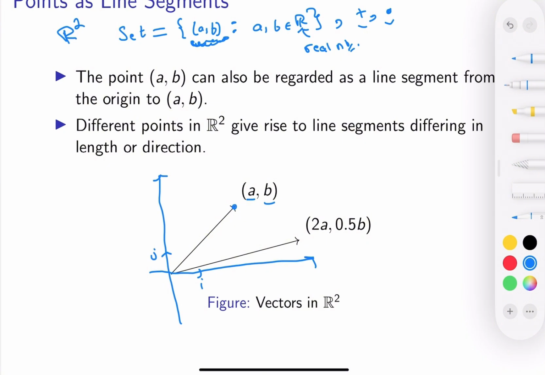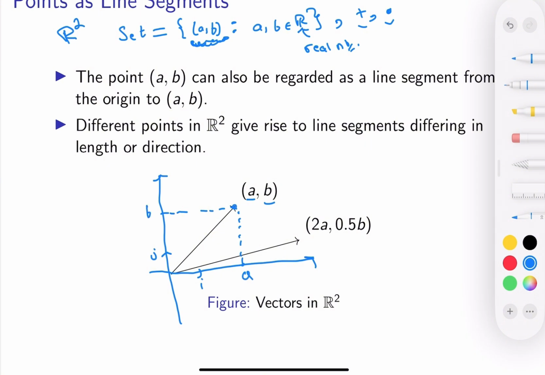Well, you tell me. What we're gonna do is we project this onto the x-axis, and we get the point A, or the abscissa, and we project this on the y-axis, and we get the y-coordinate, which is B in this case.